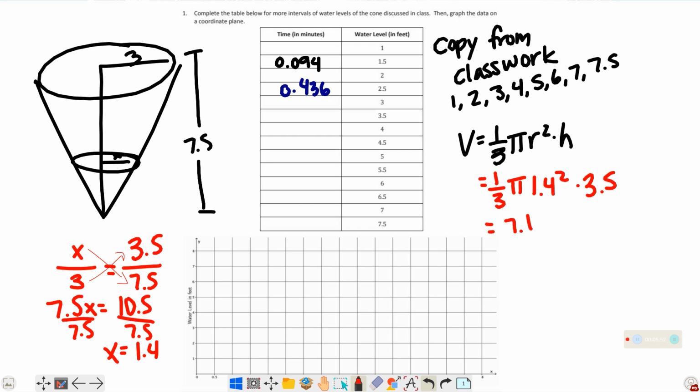Gives us a volume of 7.18013 repeating. But to figure out how much time that's going to take, we divide by 6. And that says it's going to take 1.197 minutes.